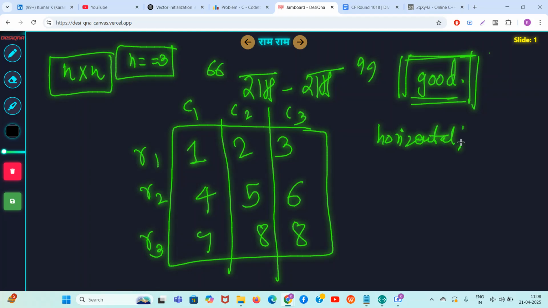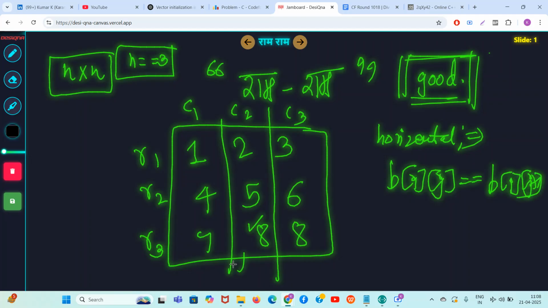The horizontal case is if you find a cell such that Bij is equal to Bi,j plus 1. So this is j and this is j plus 1. Let's say they both are matching. A bond is getting created. So either do the Cj operation or do the Cj plus 1 operation.